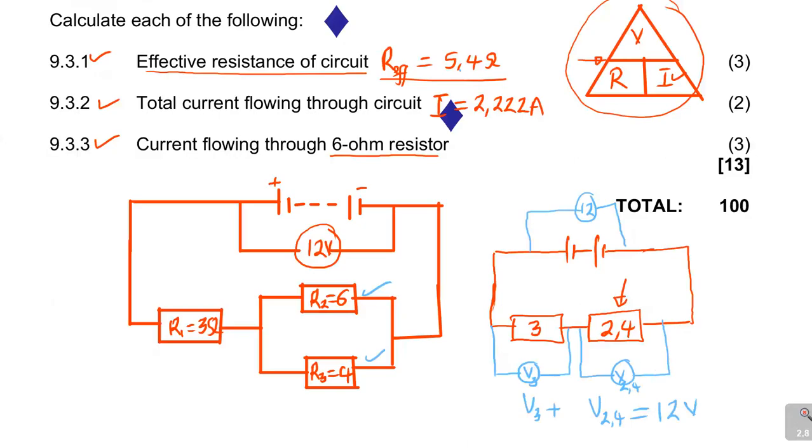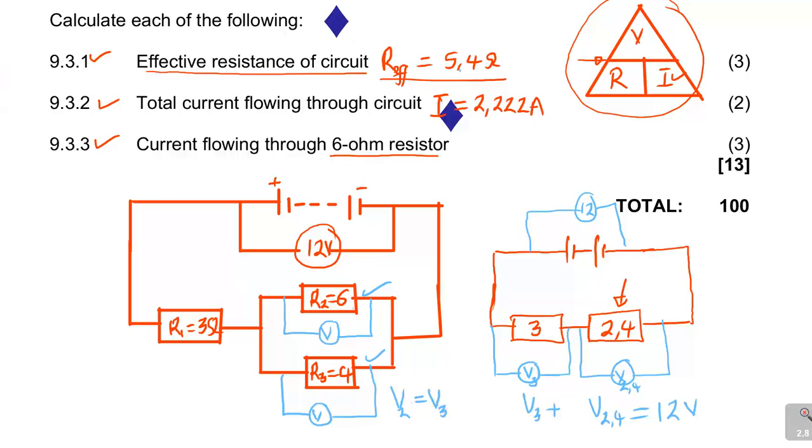At the same time, for voltmeters in parallel, if I connect a voltmeter here and another one here, the reading on voltmeter 2, across R2, must be equal to the reading on voltmeter 3, across R3.